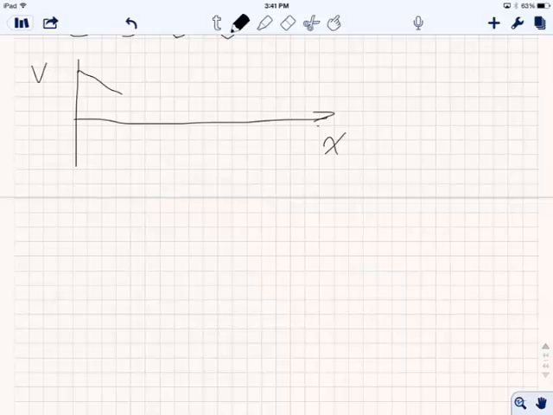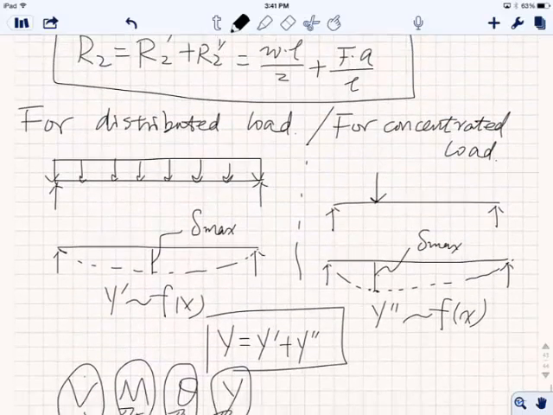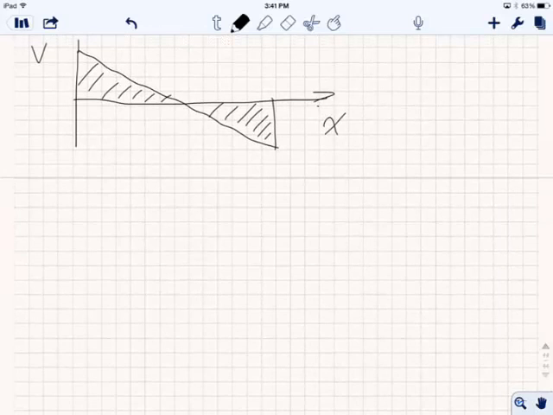It's going to be something like this, and it goes back. This is the distributed load, right? And here we know the force over here and the force here. It's exactly in the center because this distributed load is equivalent to a force applied in the center, right? Okay, so the shear force looks like this.